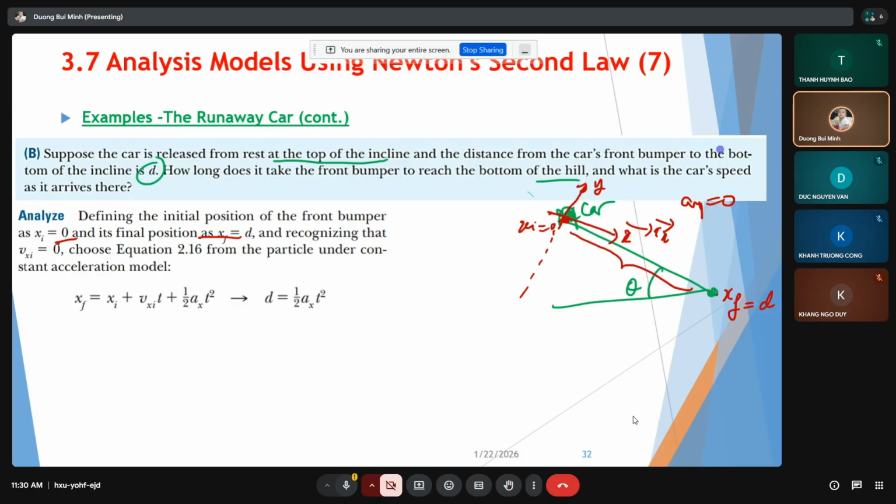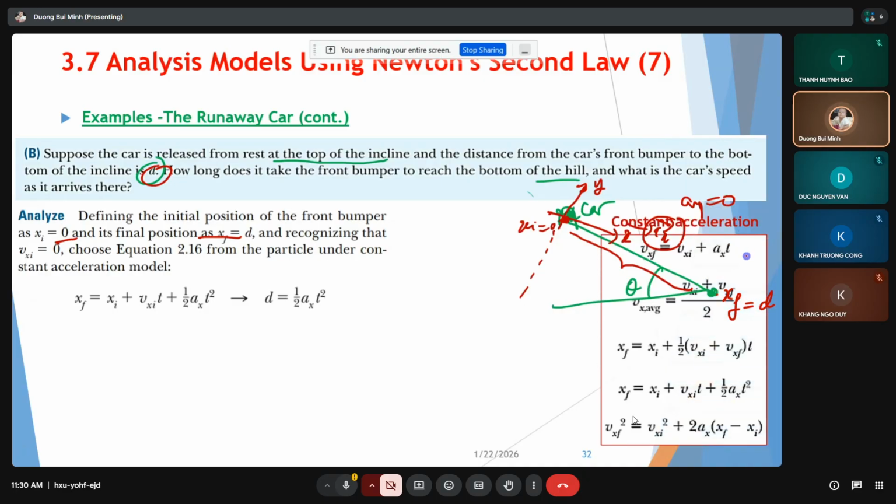So here xi is 0, and then here you can guess xf is d, the distance, right? So ax is constant, so we can apply constant acceleration. How many formulas did we study before? 1, 2, 3, 4, 5. 5 important formulas, right?